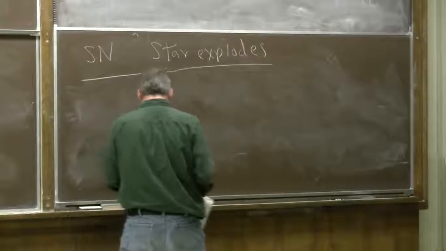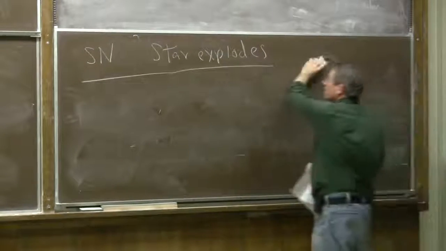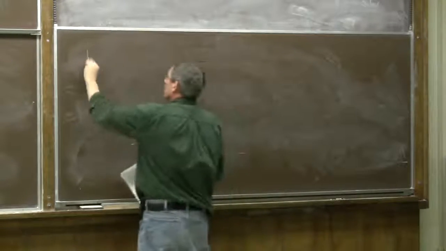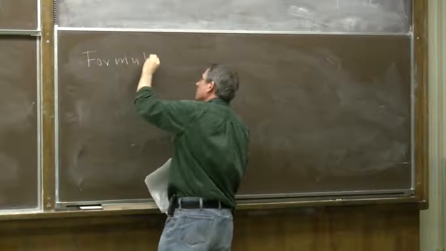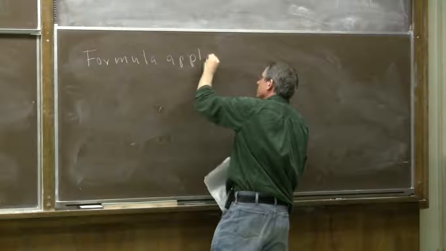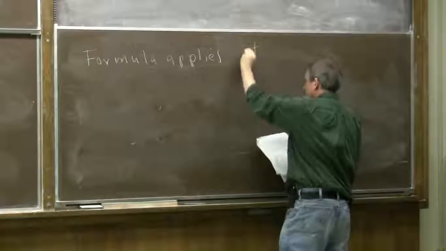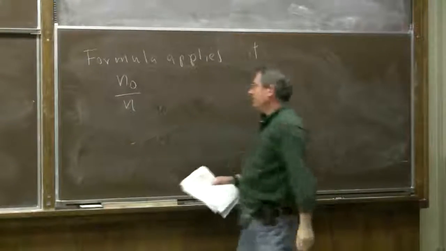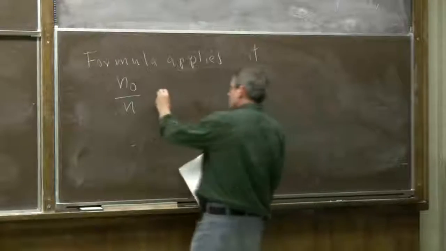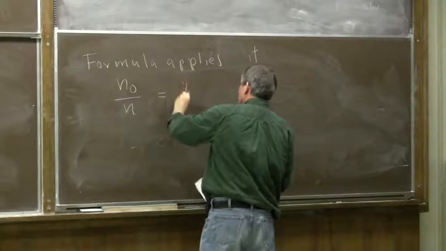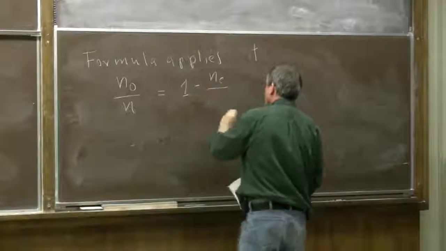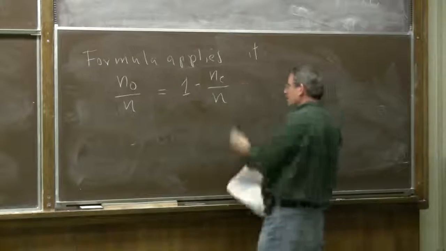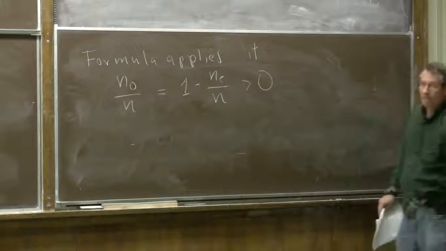So in other words, this formula applies if the number in the ground orbital per unit volume divided by the total number per unit volume, which is 1 minus the concentration in excited orbitals divided by the concentration, is positive. Okay?